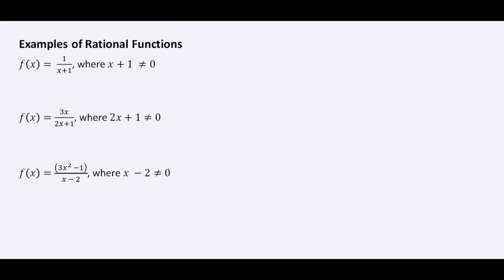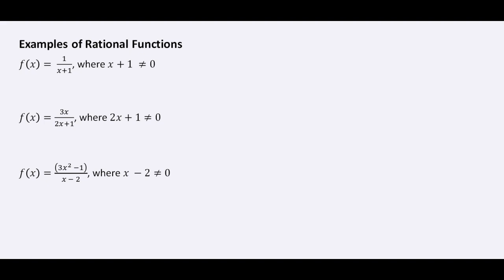So you can see here, for this first one, f of x equal to 1 over x plus 1, the denominator is a linear function. In this second case here, we have 3x over 2x plus 1.